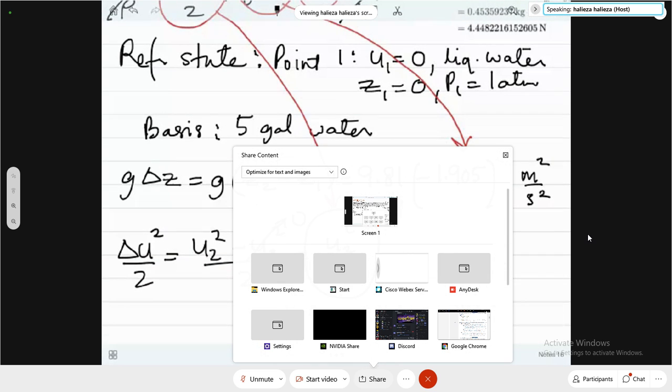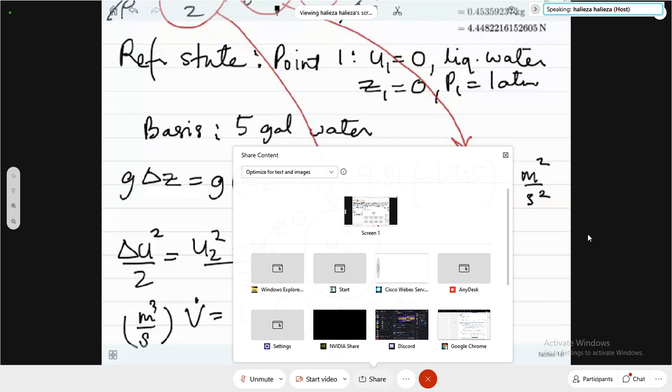In order to get your volumetric flow rate, the unit is cubic meter per second. You have your velocity u2, which is meter per second, times your cross-sectional area, meter squared.